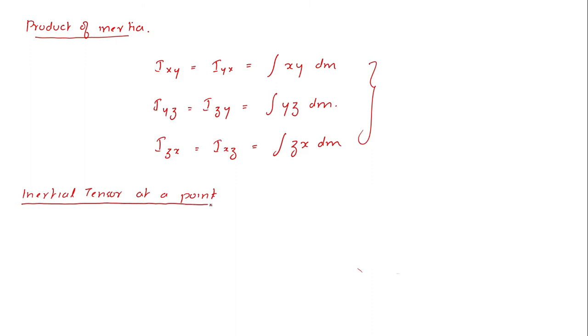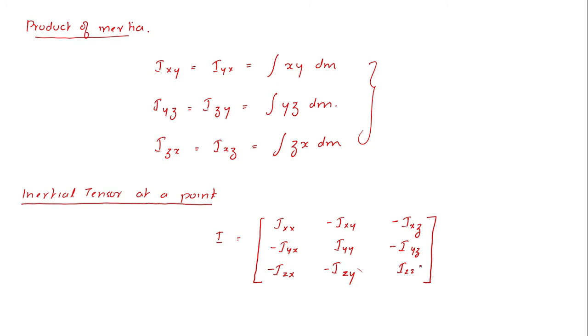So the I matrix is usually written as Ixx, or simply Ix, then minus Ixy, minus Ixz, then minus Iyx, Iyy, minus Iyz, minus Izx, minus Izy, and finally Izz.